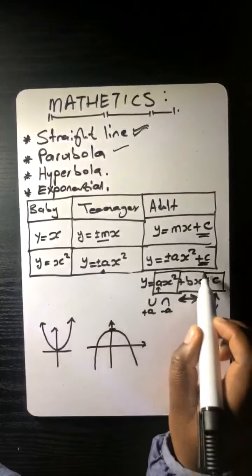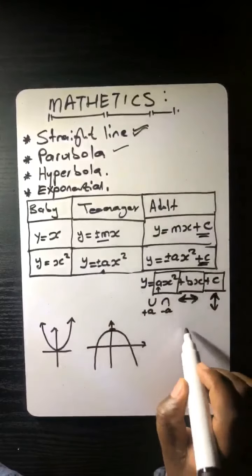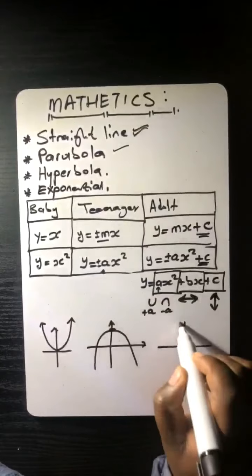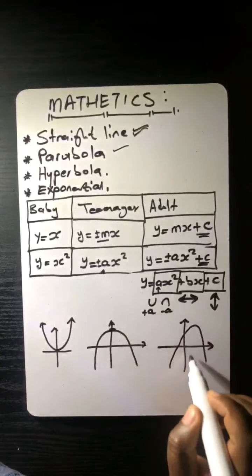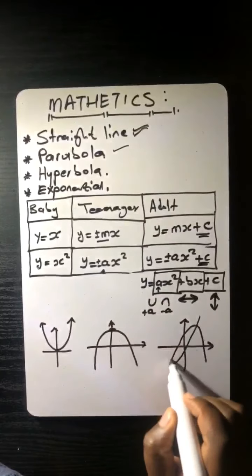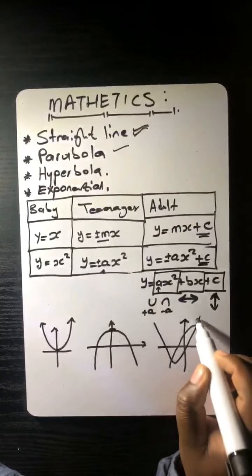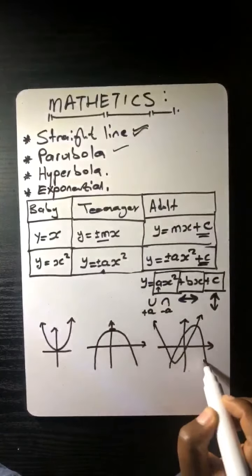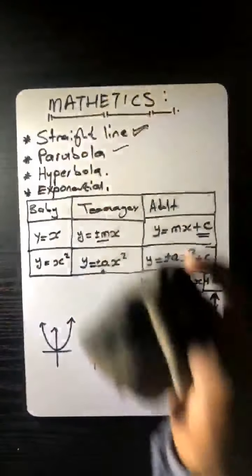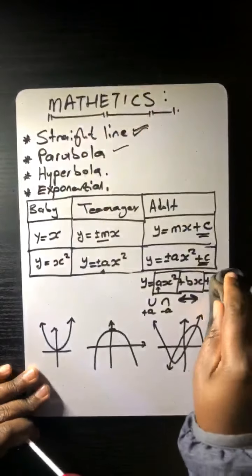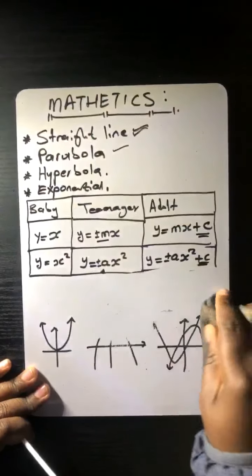But now, when we have that middle term, you might find that your function has shifted either to this side, or otherwise it could have shifted towards this side. It will depend on the a value, if it's a smiling or a sad shape. So you will obviously learn some more as we go deeper with our lessons.